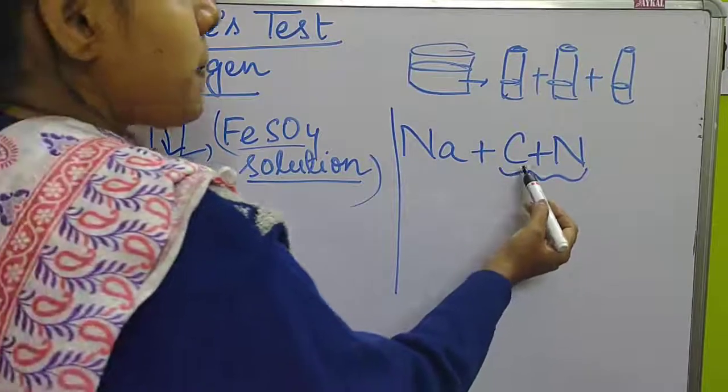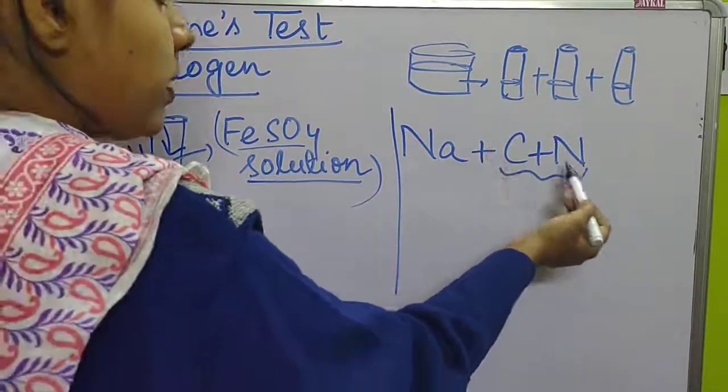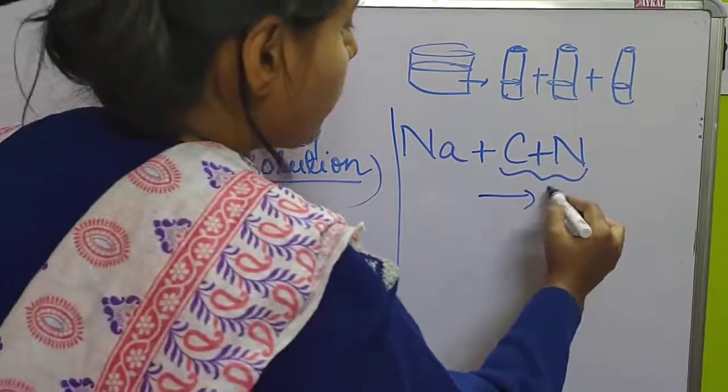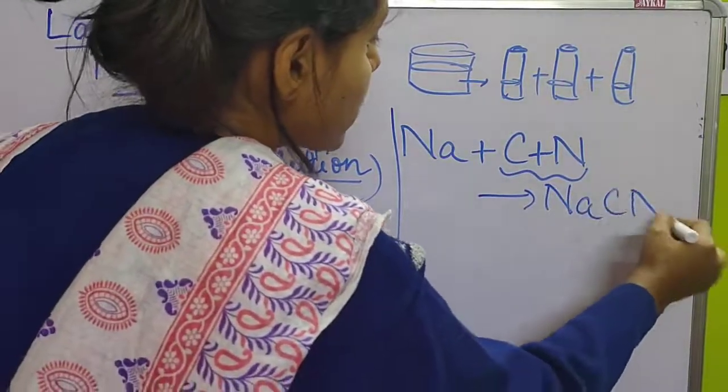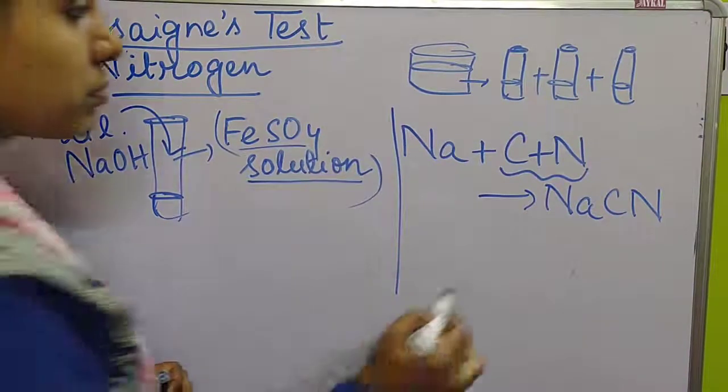So if the organic sample contains carbon and nitrogen, during the reaction they will react with sodium and they will form sodium cyanide. Okay, they will form sodium cyanide.